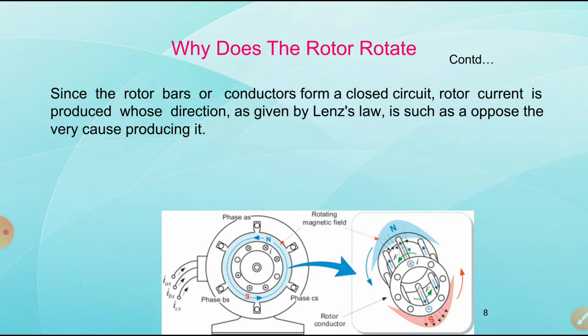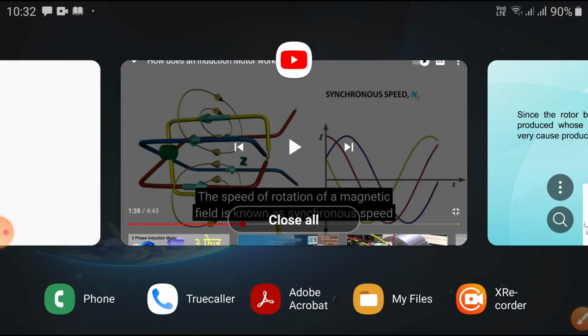Since the rotor bars or conductors form a closed circuit, a rotor current is produced whose direction is given by Lenz's law, as we know that. So what has happened here? Here you can see, so we elaborate this one.